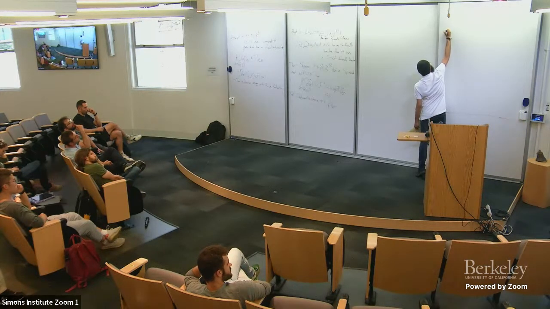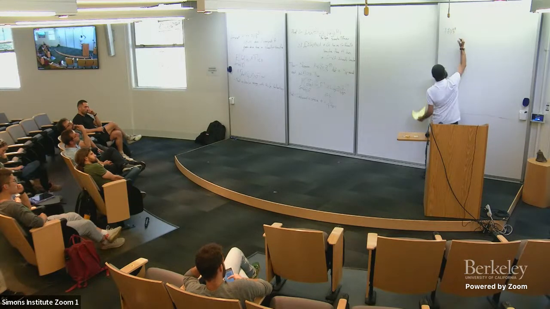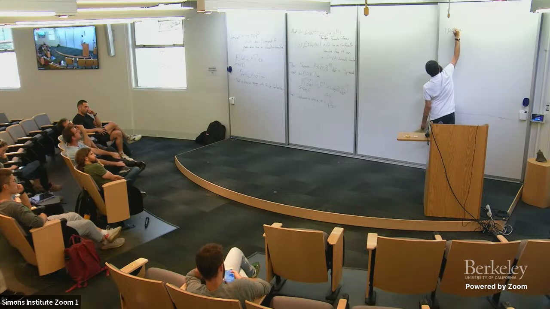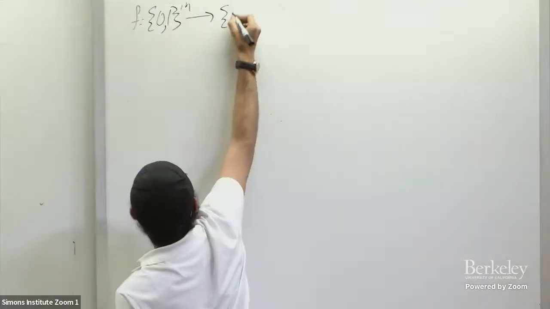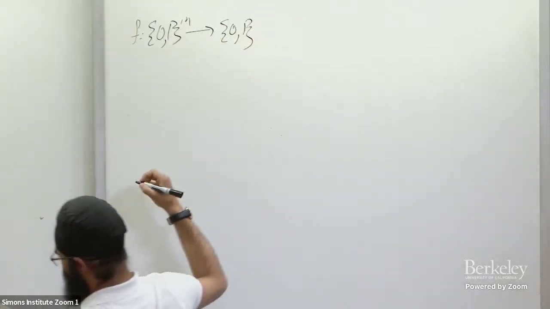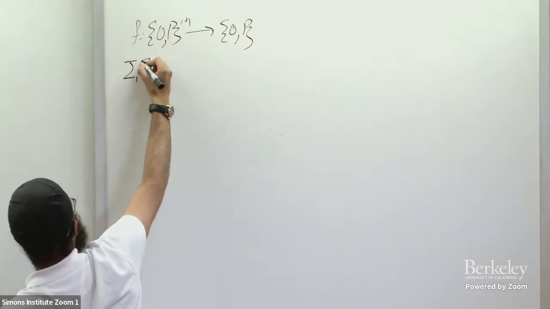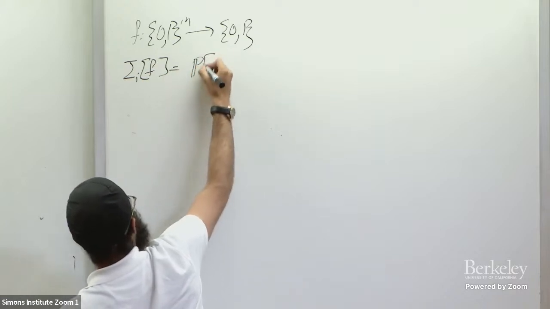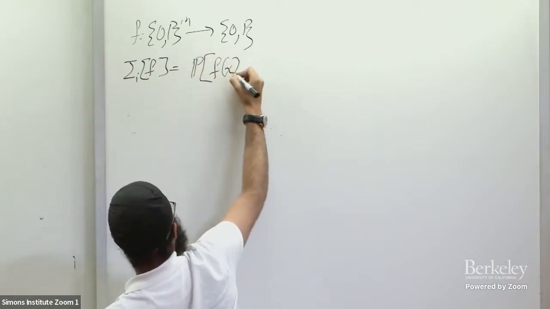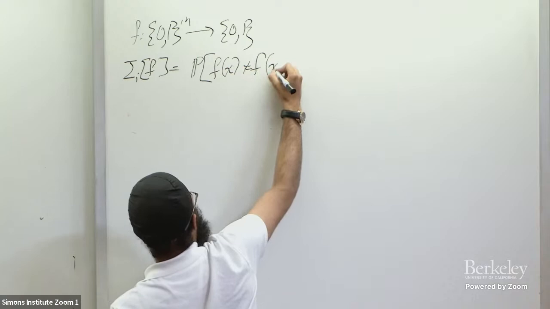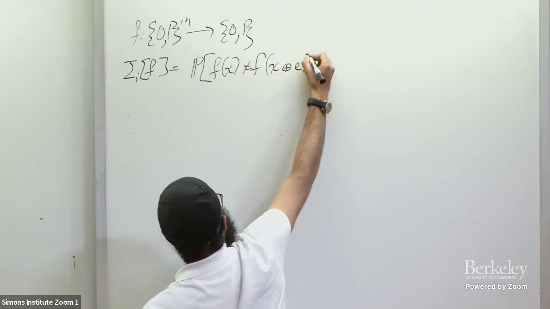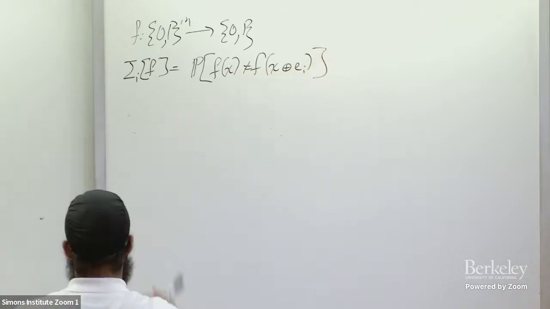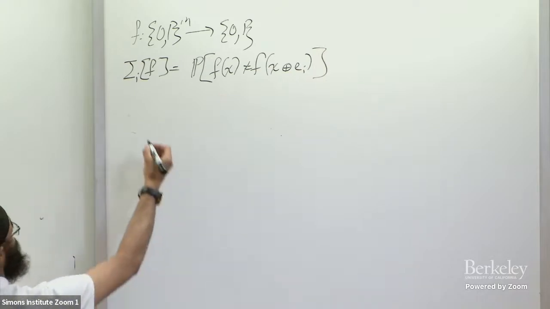Okay, so now I'm just going to recall a bunch of Boolean function definitions. I'm going to keep them on this board so that I have access to them for the rest of the talk. As standard, you define the influence of the ith coordinate to be the probability that switching the value of the ith coordinate changes the value.